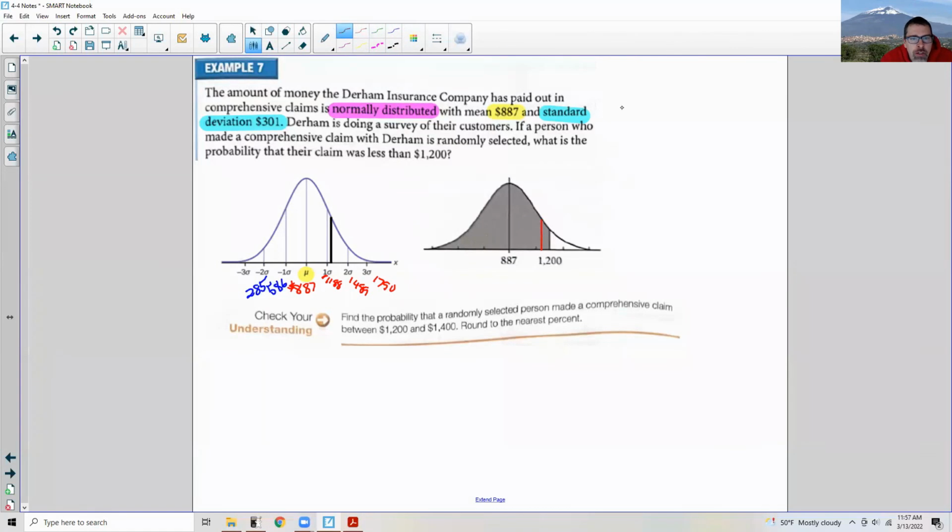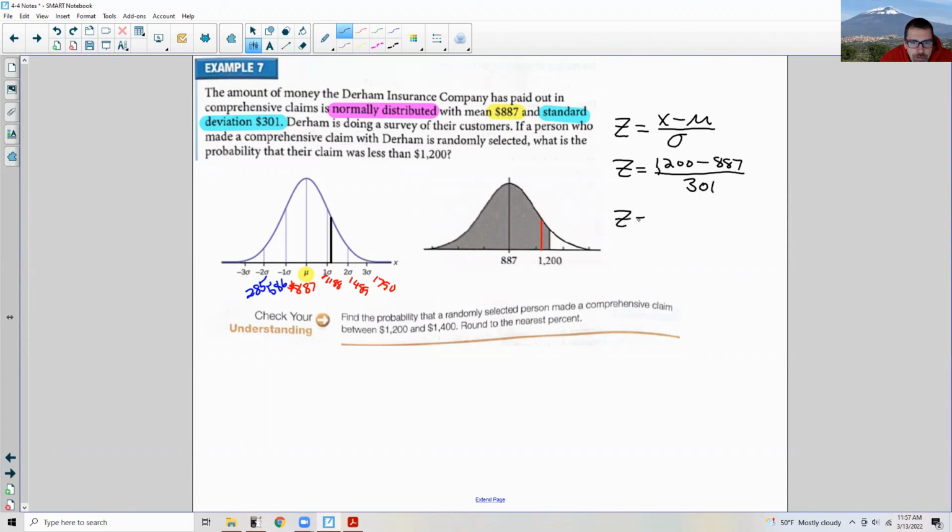This is going to require z-scores. So you say z equals, and z equals our value minus our average or our mean, mu, divided by the standard deviation. So that's the formula, z equals x minus mu over sigma. Okay, and so z is going to equal our x value of $1,200 minus our average, which is 887, divided by our standard deviation, which is 301.